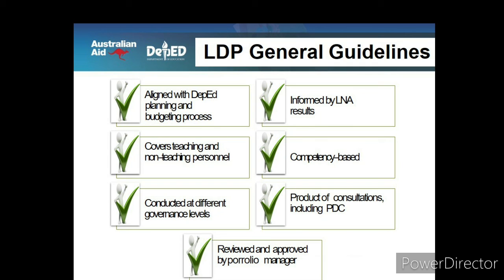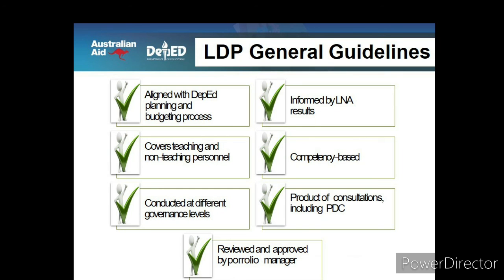That is why in the division level, all employees in the different divisions are included in this learning and development program. Number 3, it should be conducted at different governance levels. Hence, in a training like this, there is a specific day assigned for the division personnel, and also for the school level, including the school heads and master teachers.